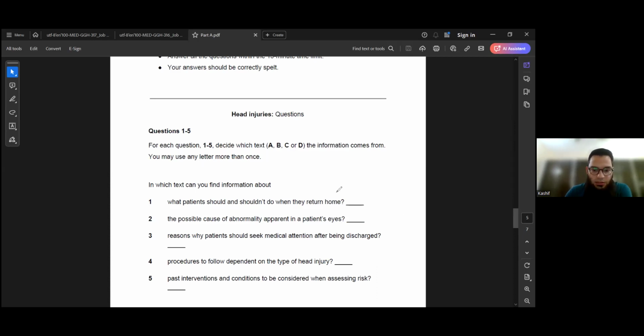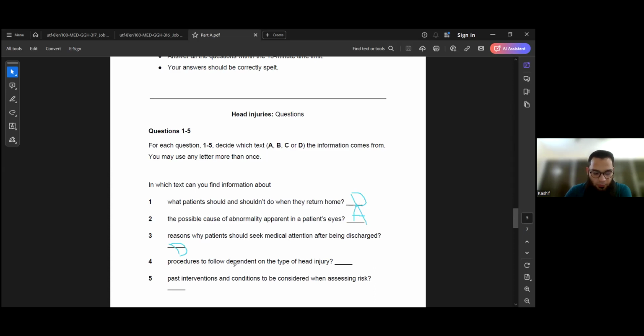I think this easiest one is in text D. Everybody match it with your question. The possible causes of abnormality apparent in a patient's eye is in text A. The reasons why patients should seek medical attention after being discharged is again in text D.